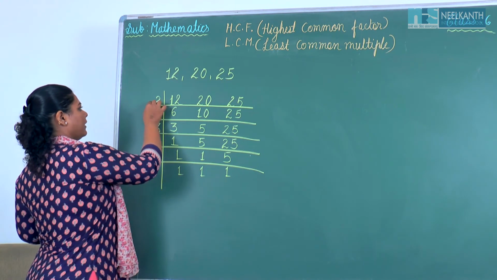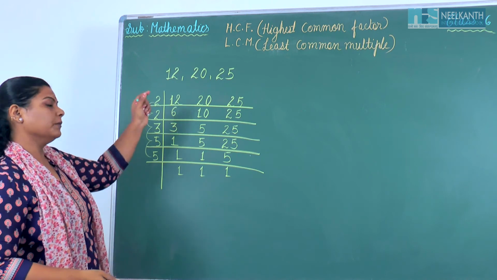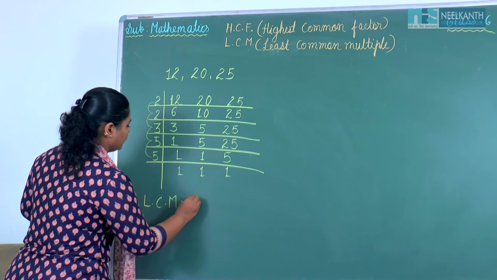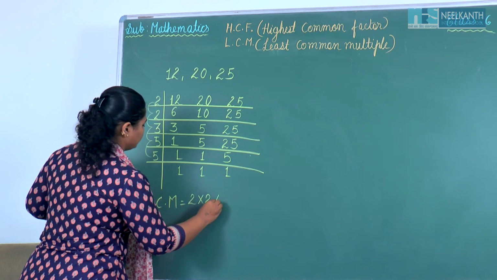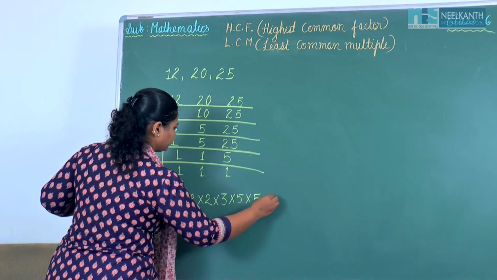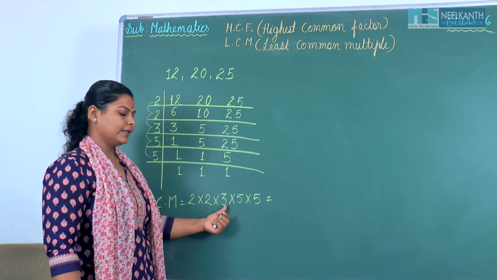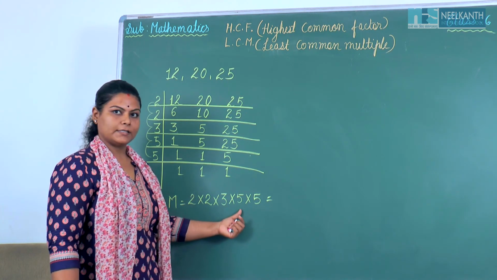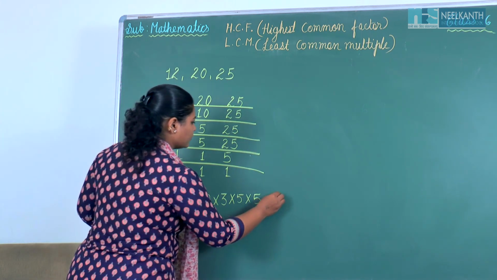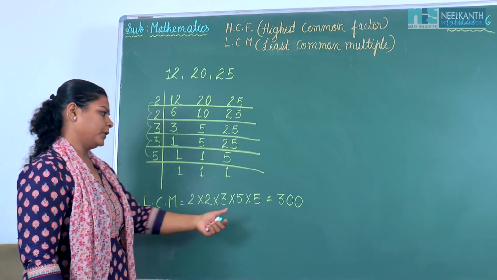We have to multiply all these factors to get the LCM of the given numbers. So LCM equals 2 multiplied by 2 multiplied by 3 multiplied by 5 multiplied by 5. 2 twos are 4, 4 threes are 12, 12 fives are 60 and 60 fives are 300. So the least common multiple of these three numbers is 300.